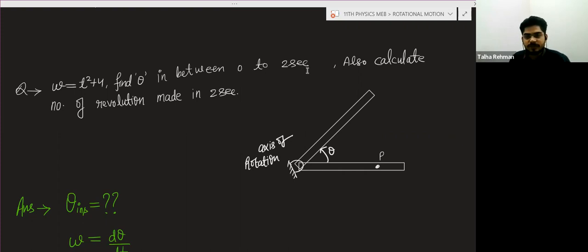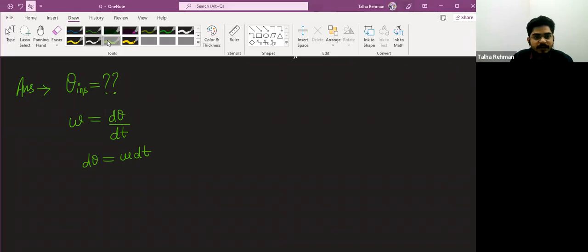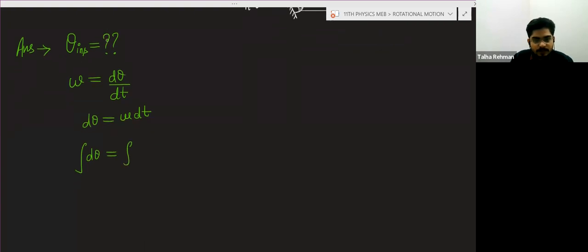This is the question we have to find. So we can write this now. We can integrate on both sides. So I can write d theta, and I can write this as omega into dt.